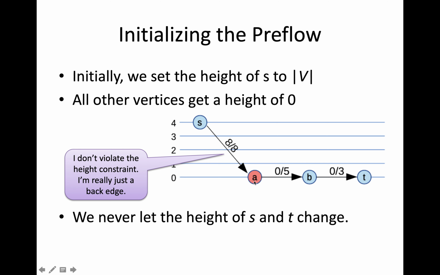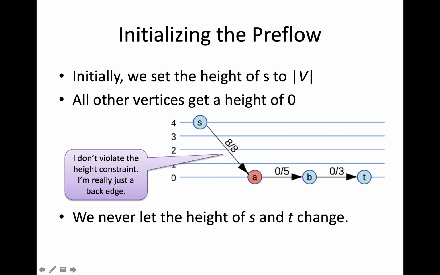That one's saturated, but there is an edge pointing back from A to S. And remember, edges can go up as much as you want in height, there's nothing wrong with them going up. That's just an edge you can't push any additional commodity across. They just can't go down by more than 1 unit.